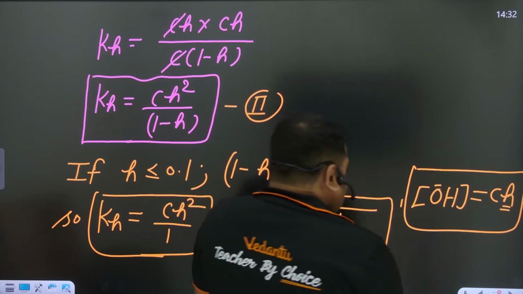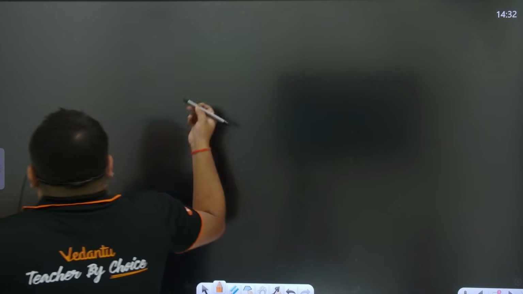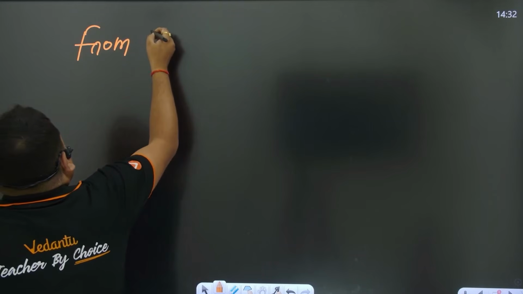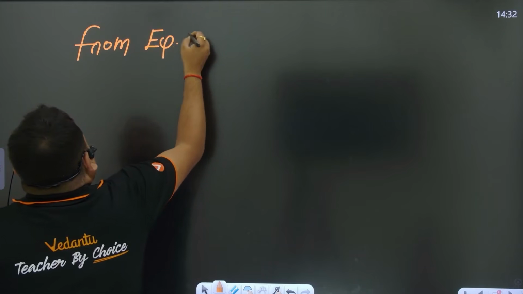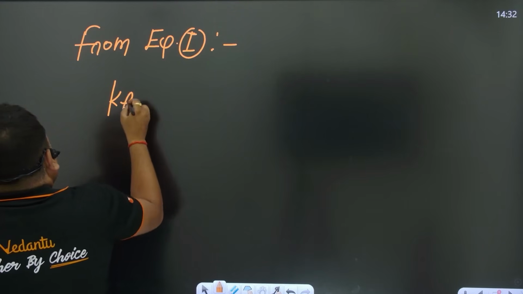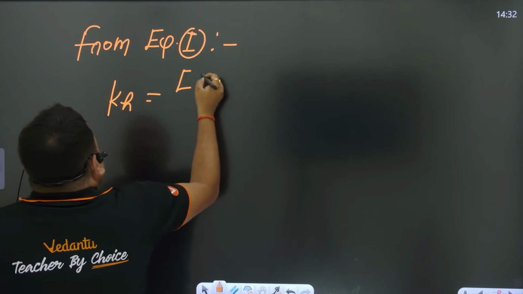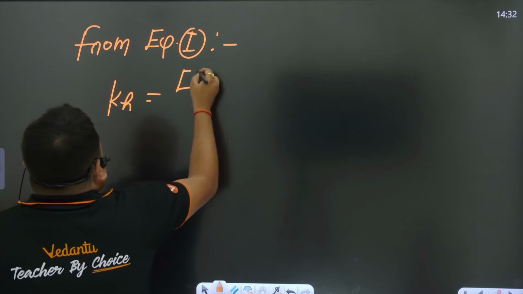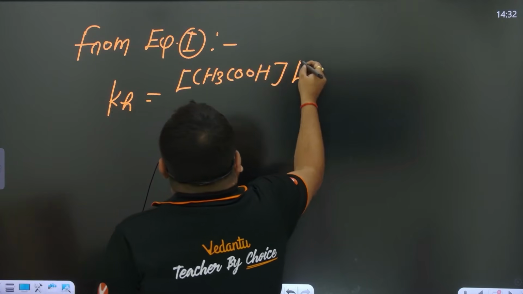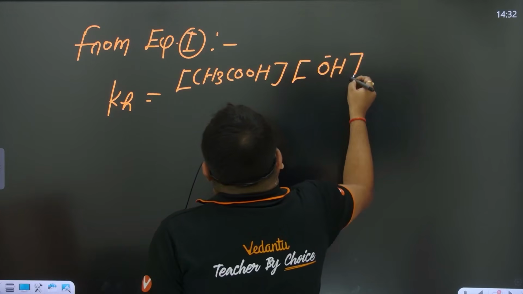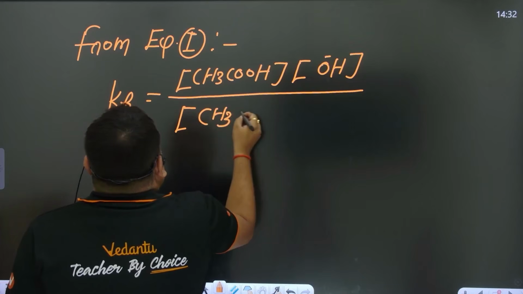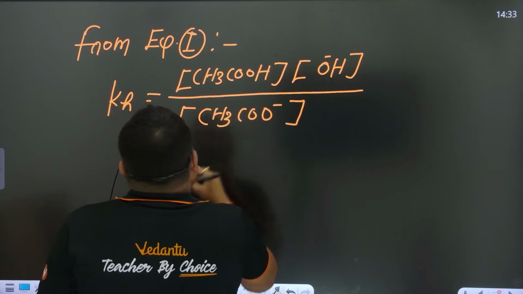So let us see. From equation number 1, we have Kh is equal to the concentration of acetic acid into the concentration of OH minus ion divided by the concentration of acetate ion, right?